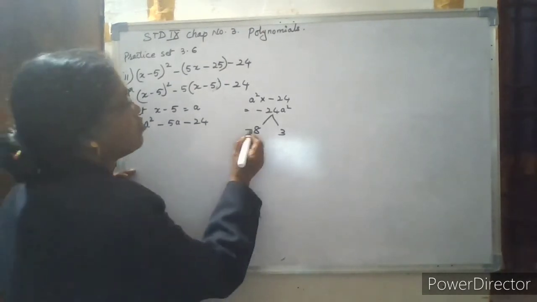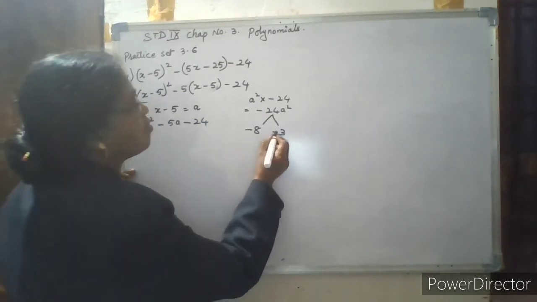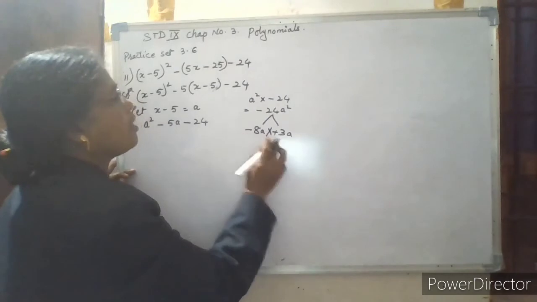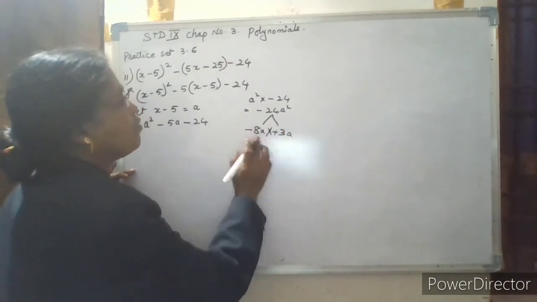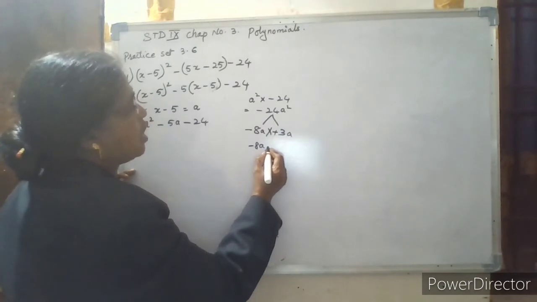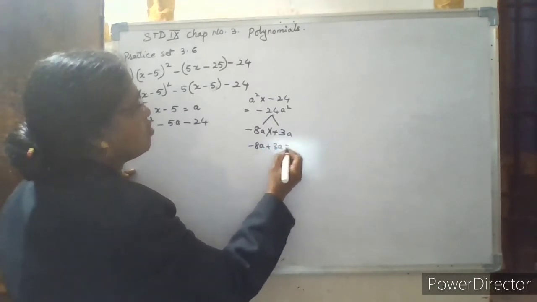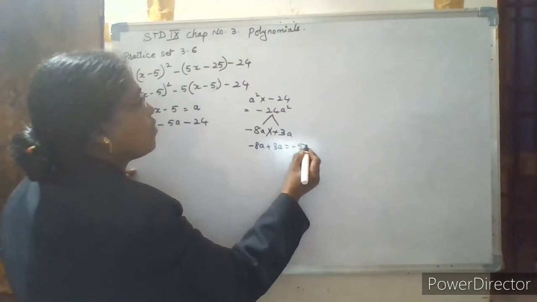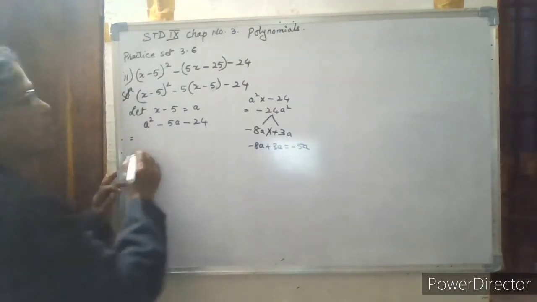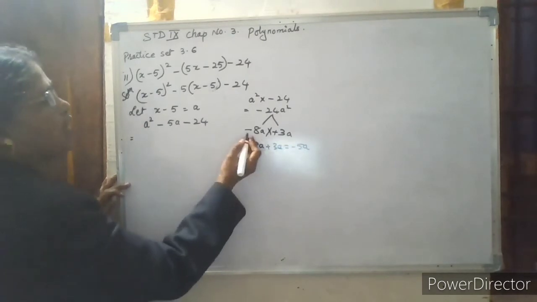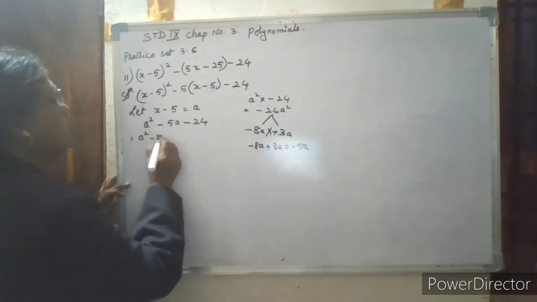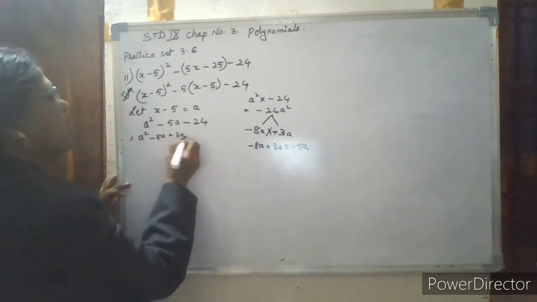So the greater number gets the minus sign and this one the plus sign. So minus 8a plus 3a is equal to minus 5a. Therefore the middle term is split as minus 8a and plus 3a: a squared minus 8a plus 3a minus 24.